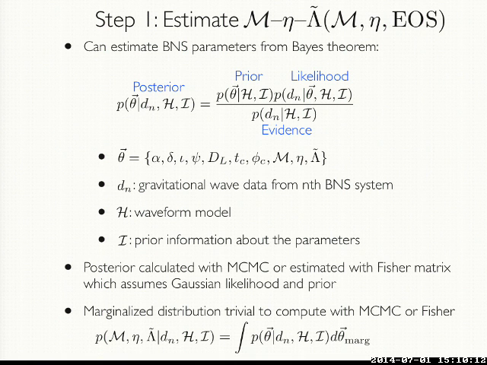Then once you've done this, what you want is just a marginalized distribution over the parameters you care about, which are the 2 masses and the tidal parameter. You just marginalize over the other parameters, which is trivial to do with either a Fisher matrix approximation or an MCMC simulation.